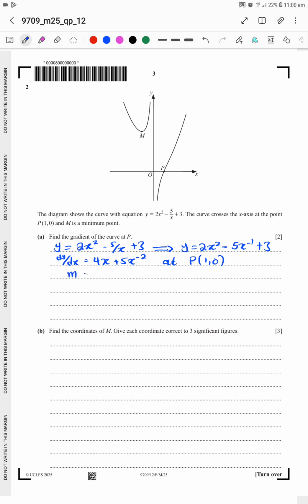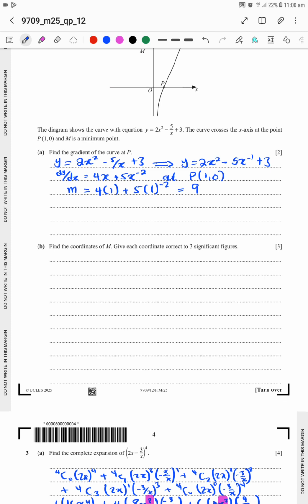We get the gradient to be 4 multiplied by 1, which is the x value at P, plus 5 multiplied by 1 to the power negative 2, which is just 1. This is equal to 9. So the gradient at P is 9.